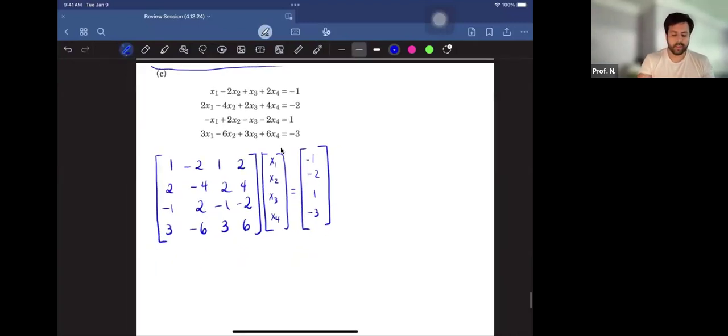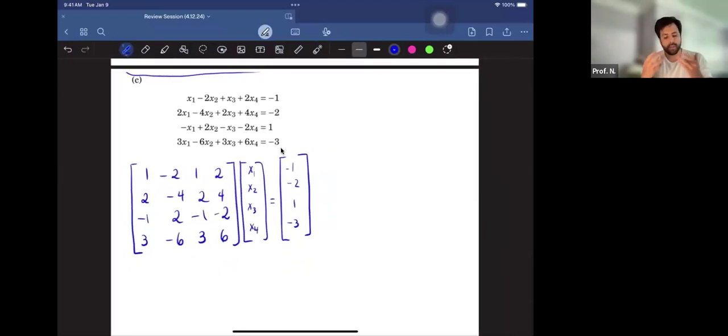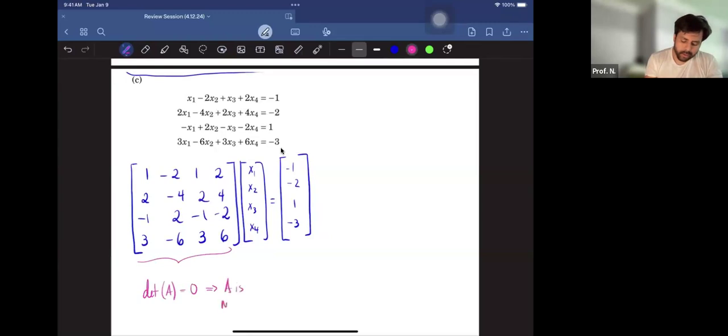Now, there are several ways to solve this. One way is to do the determinant. But when you find the determinant of this matrix, it's 0. If the determinant is 0, what do we know? A is not invertible. But what does that have to do with my system? Does it mean it has no solution?